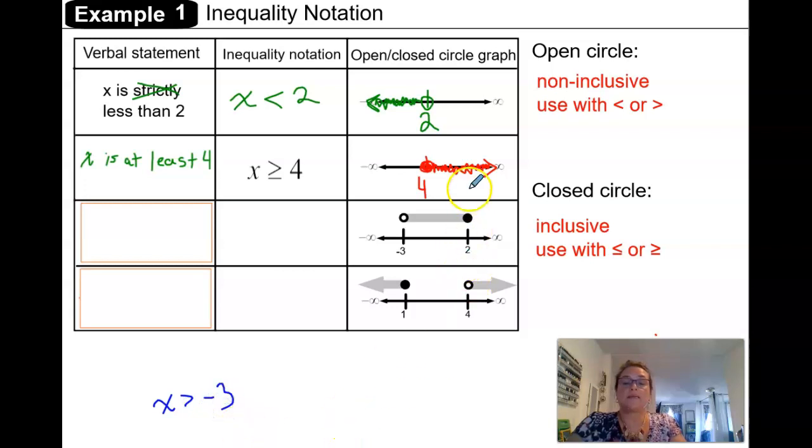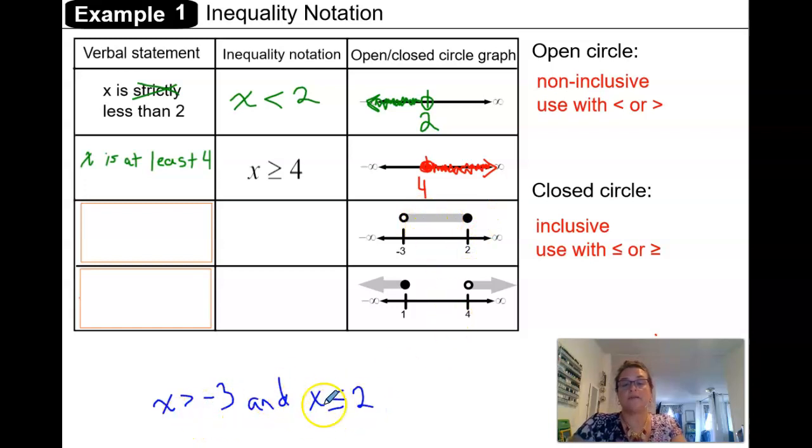But it stops here at 2 and doesn't keep going. So this x greater than -3 can't be the whole answer because we need it to also say that the x is less than or equal to 2, because at 2 we have a closed circle and the shading is going down the number line.